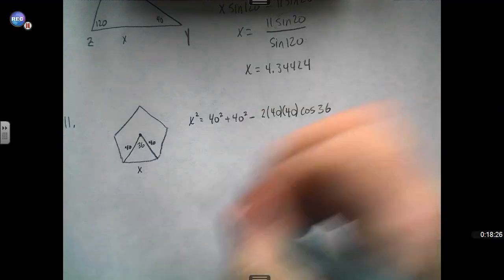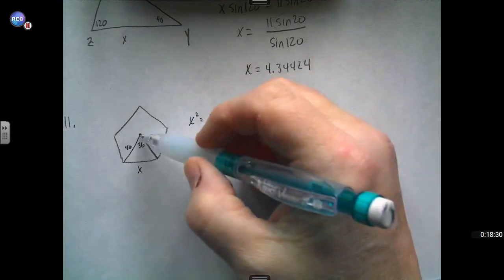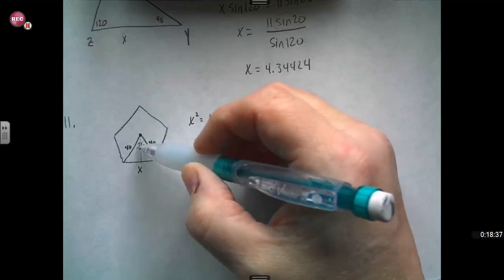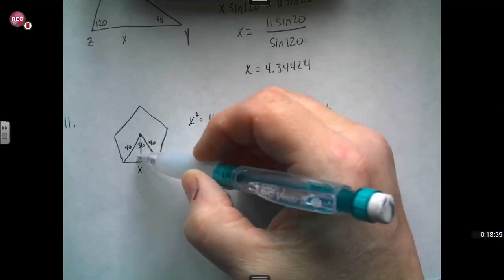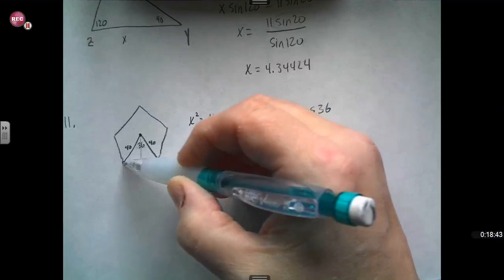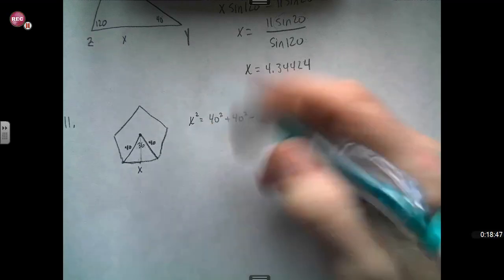And of course, there's more than one way to get to Bloomington. I could have drawn this altitude in and separated this angle, making it 18 and 18, and then temporarily called this A or whatever and found it using just regular right triangle trigonometry.